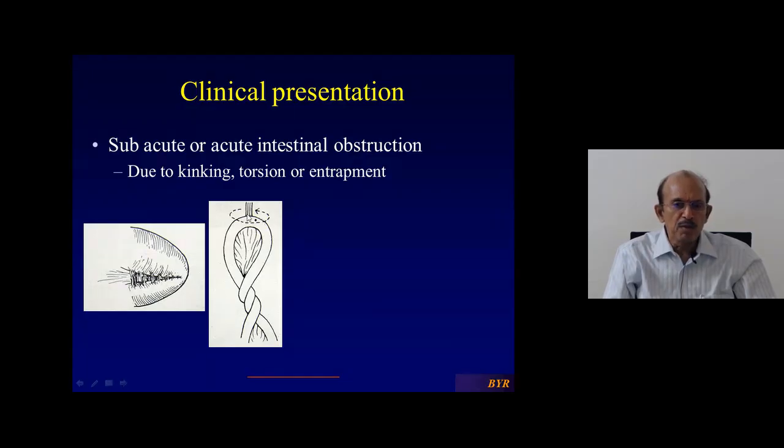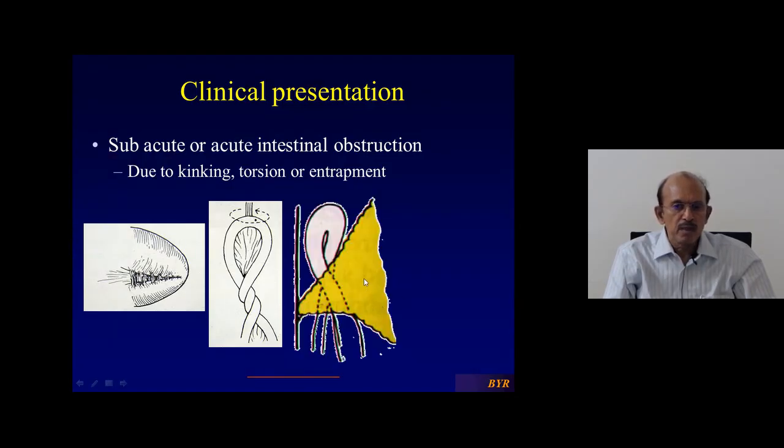If for one loop of the bowel there is a band attachment, then basing this as a pivot, the bowel loops can rotate and can produce torsion. If the band is adherent to the abdominal wall, between the abdominal wall and the band, a bowel loop may get entrapped.